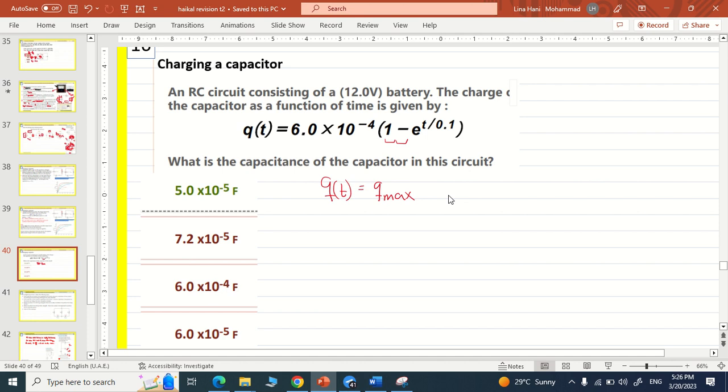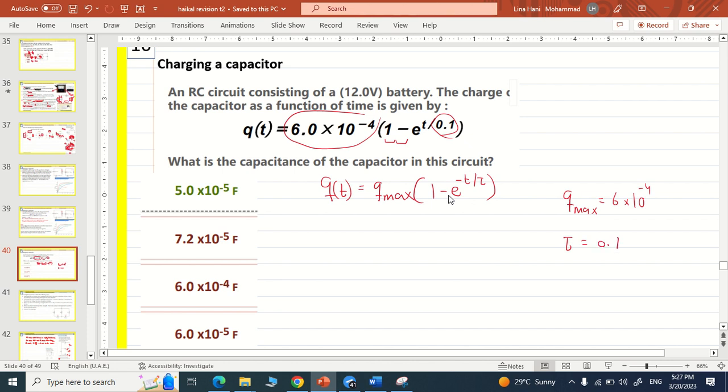So Qt is equal to Qmax times 1 minus e to the power of minus t over tau. That means that this value here is Qmax. So Qmax is equal to 6 times 10 to the negative 4. And this value right here is tau, so 0.1.